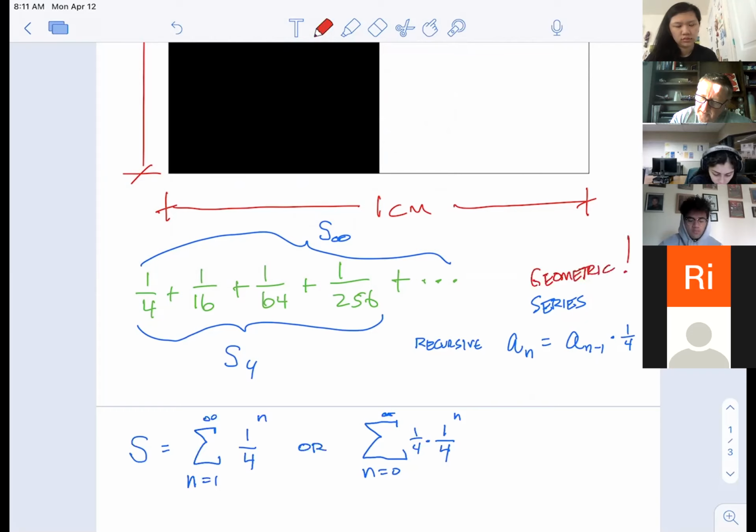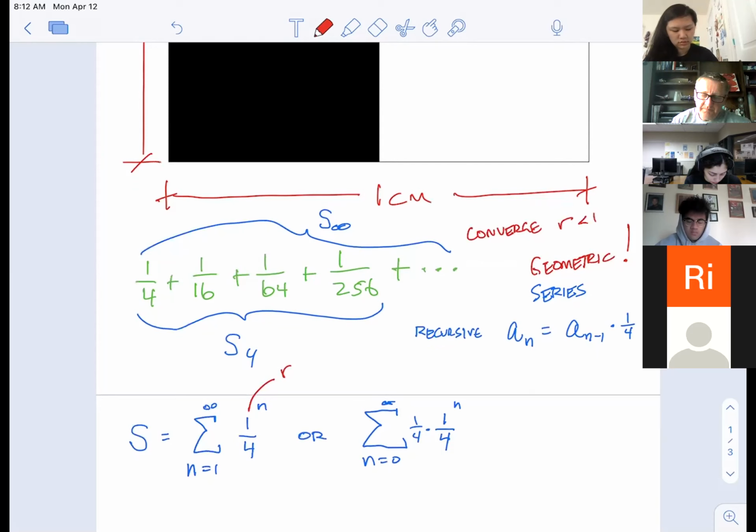These are cool because, and I've showed you this before, there's actually a way to literally add these up. This genuinely does converge. A geometric series will converge if your r value, in this case 1/4, is less than 1.